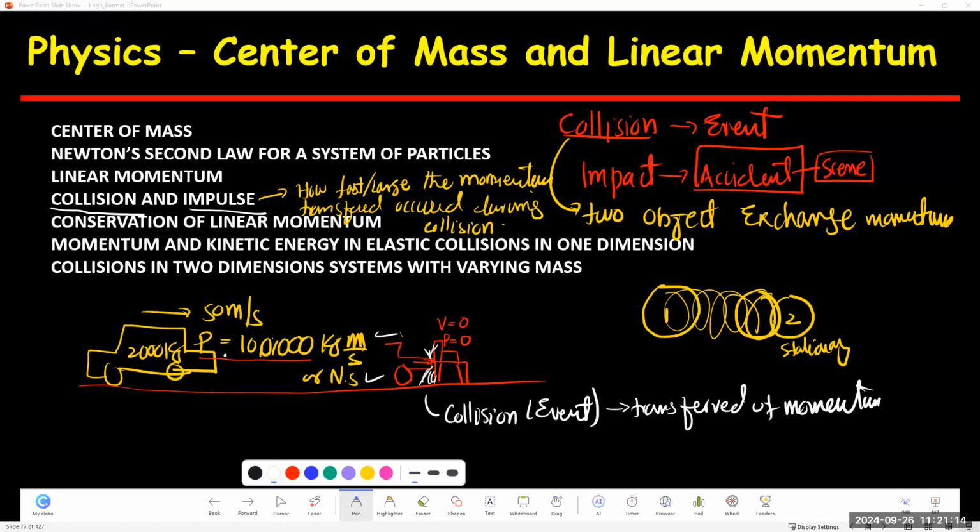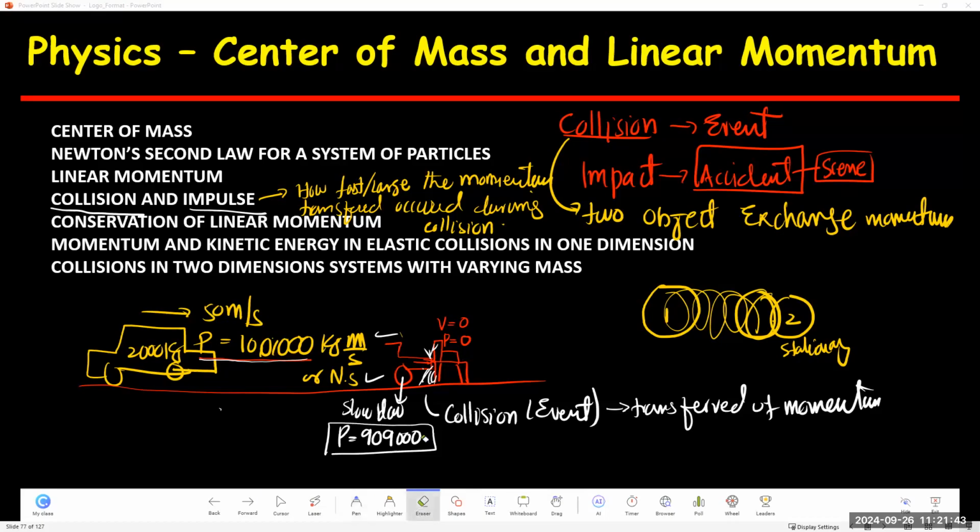Now what's happened? This car has momentum of 100,000 kilogram meter per second. Now let's suppose after its collision, this car slows down and its momentum is reduced to maybe, you know, a full number.